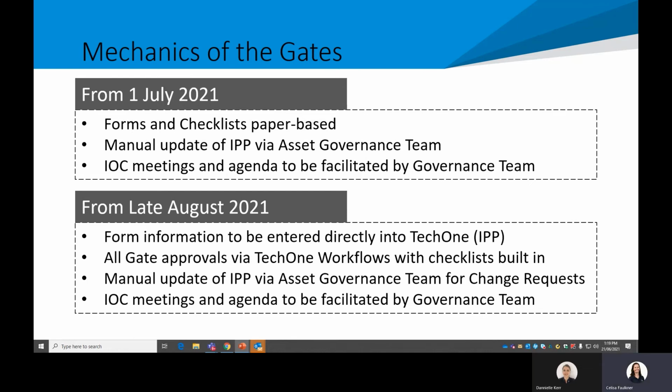From then on, the gate approvals at each gate will be workflows where it'll go through a series of, you know, go to sponsor, go to here, go to there, for that review, and the review will be in Tech One. So as a sponsor, I'll have to go to Tech One to review the information and click a button to say if I approve or not, basically.